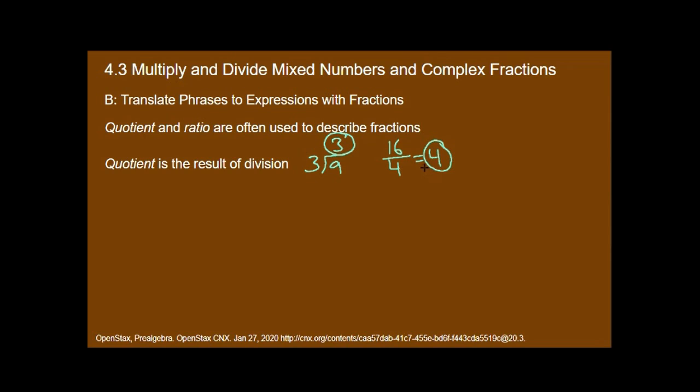Any type of division, regardless of how it's written, 20 divided by 5, this 4 is the quotient. So those are quotients.